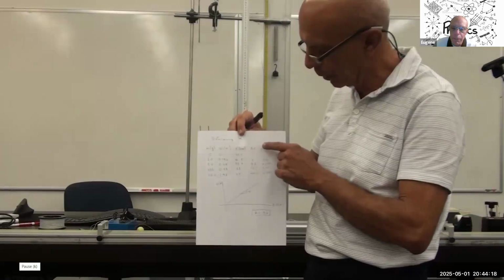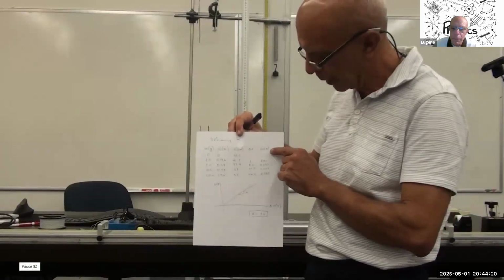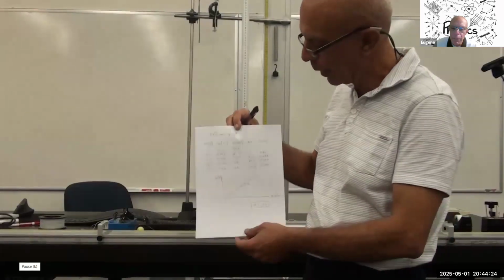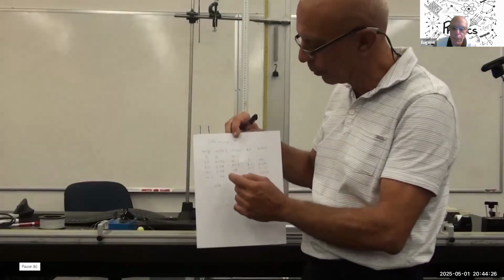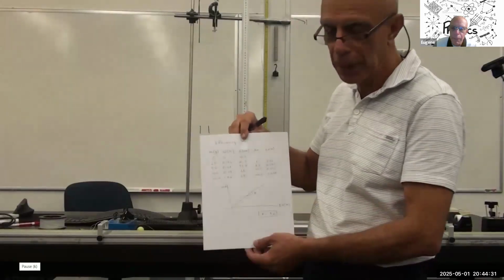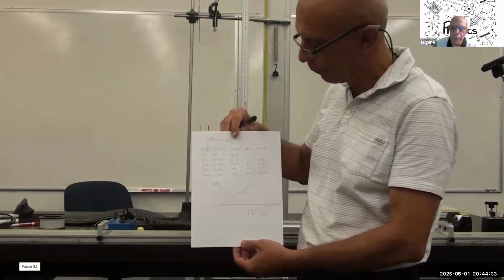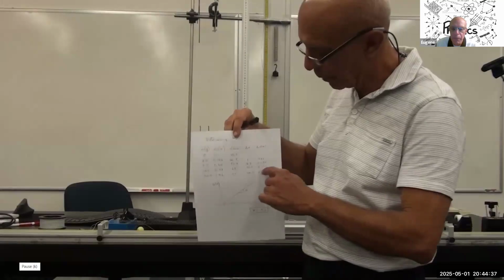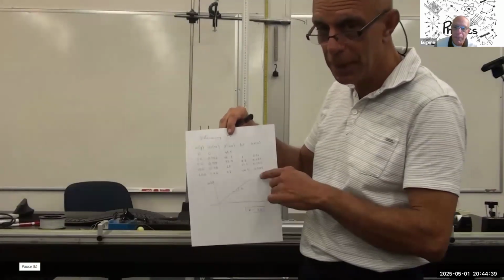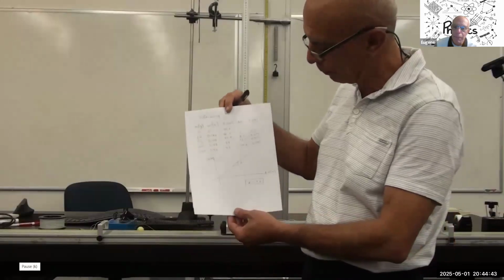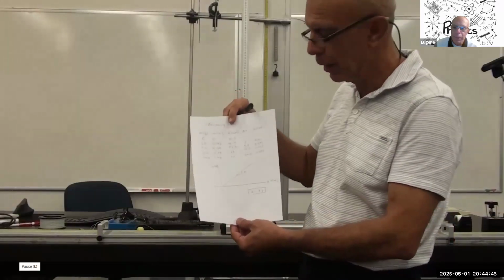I measured the distances, the delta x, and converted into meters. And I converted the mass into newtons, multiplying by the acceleration of gravity. And I had a graph, a straight line, and the slope is the k constant.